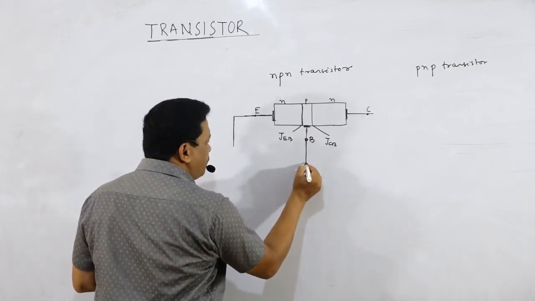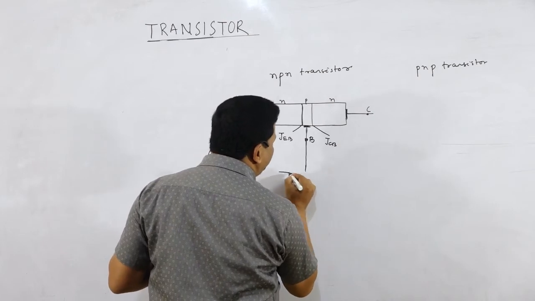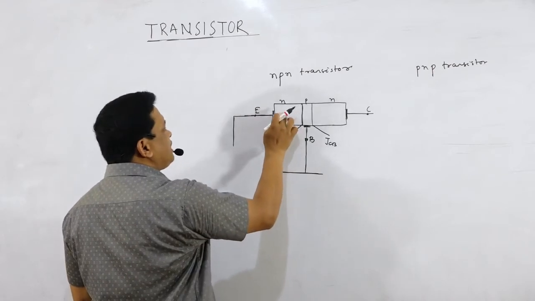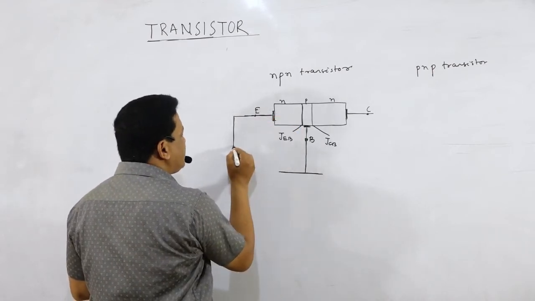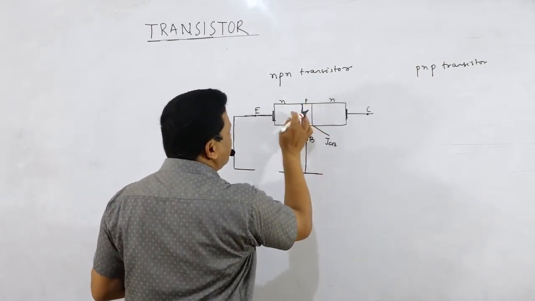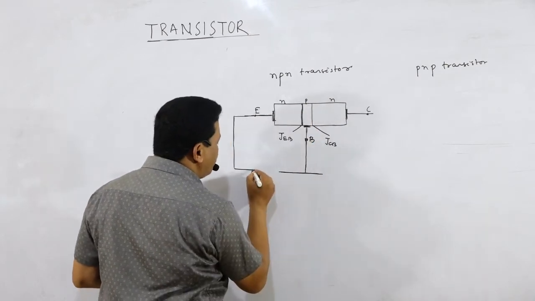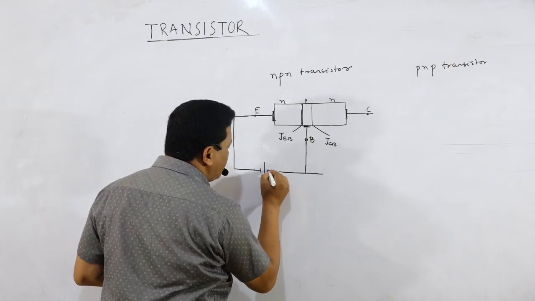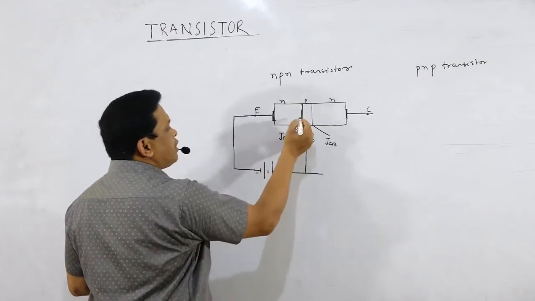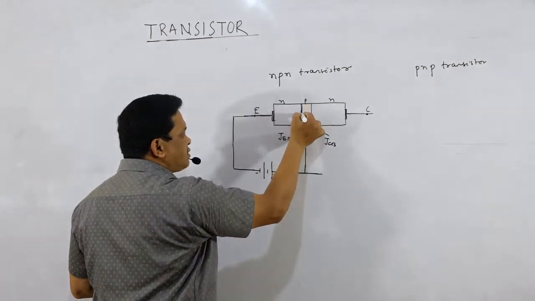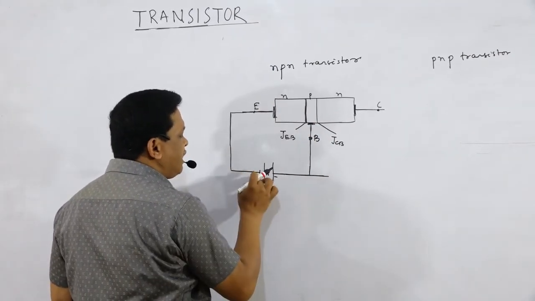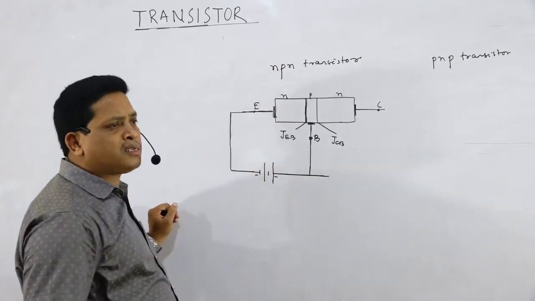Now input PN junction should be forward biased. So here the emitter is N material. So in this PN junction, this is the N material, this is the P material. So if N material will be connected with the negative and P material will be connected with the positive, then N material is connected with the negative, therefore this is forward biased.